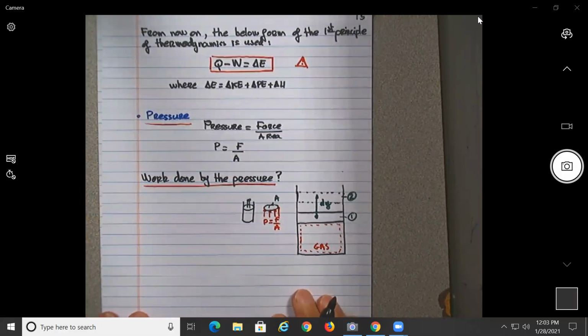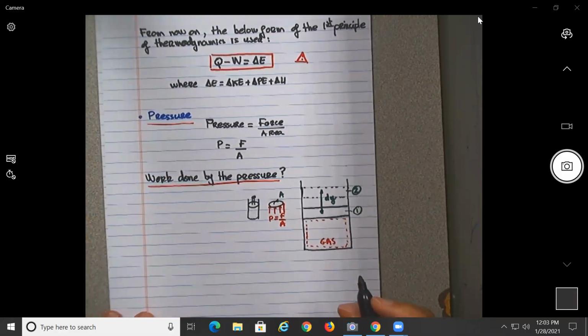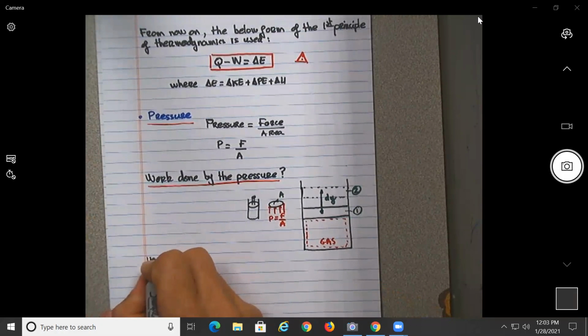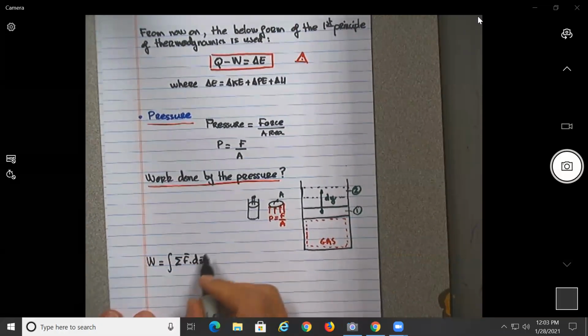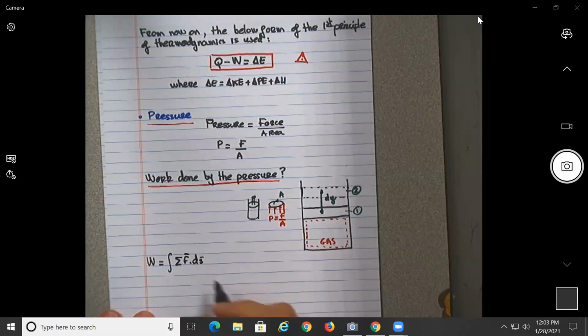Okay, so we're going to look at work done by the pressure, which will be equal to the integral of the force dS. So basically force times distance.